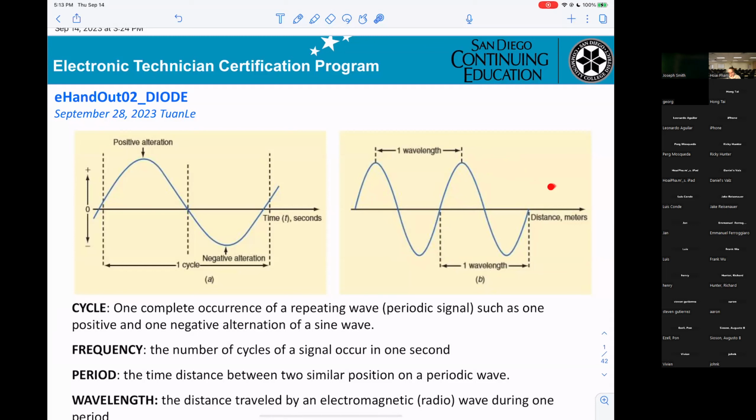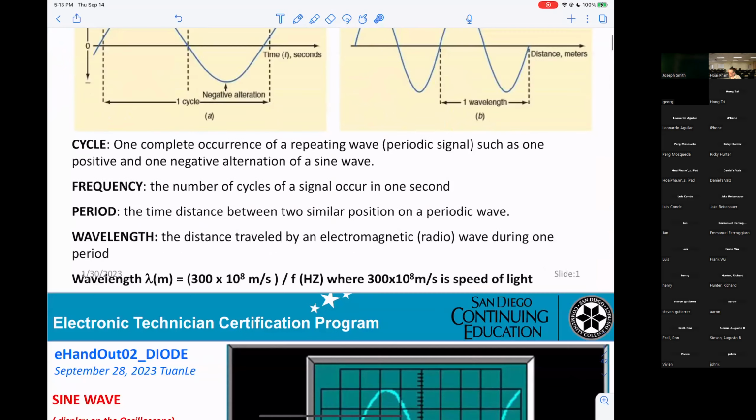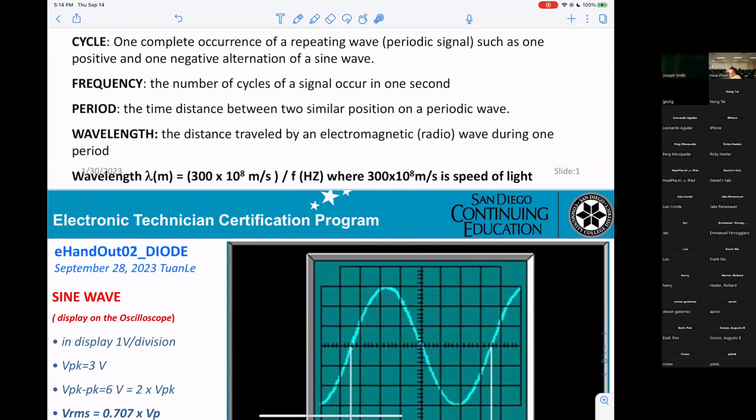And here is not the time, but the distance in meters. When you're learning RF, radio frequency, then you deal with the wavelength. This is how to calculate the lambda wavelength, okay? We don't care about that.